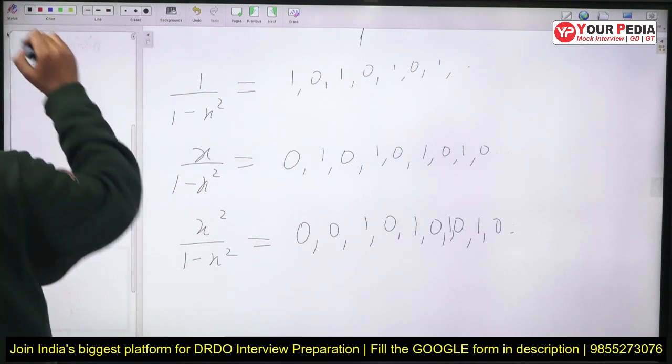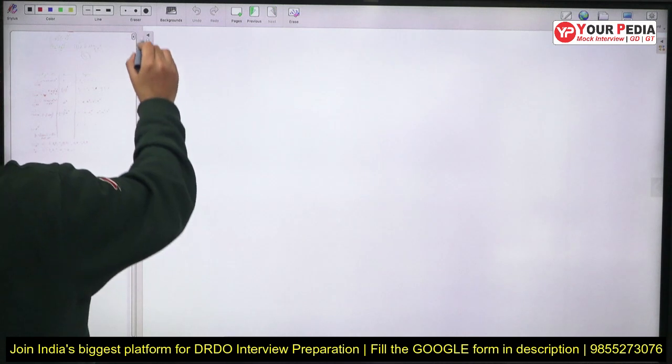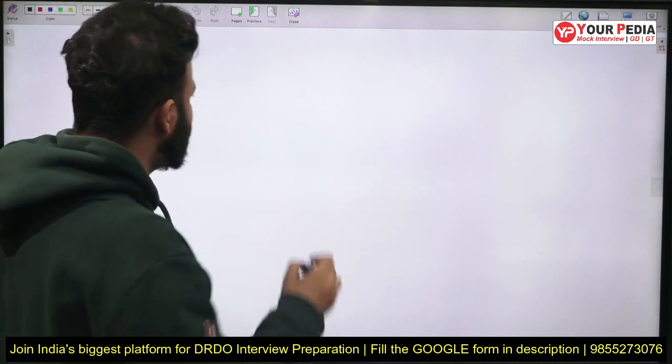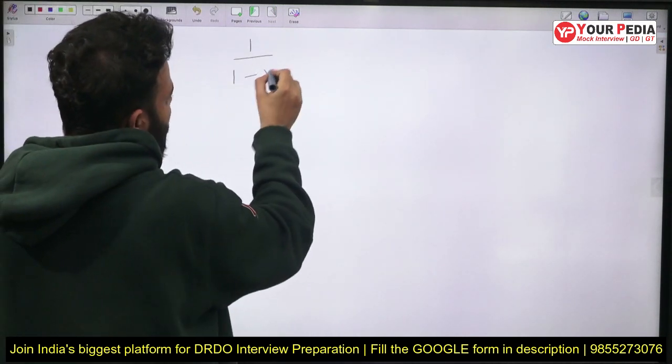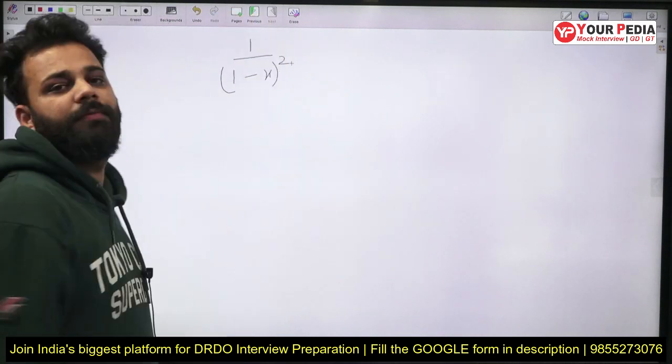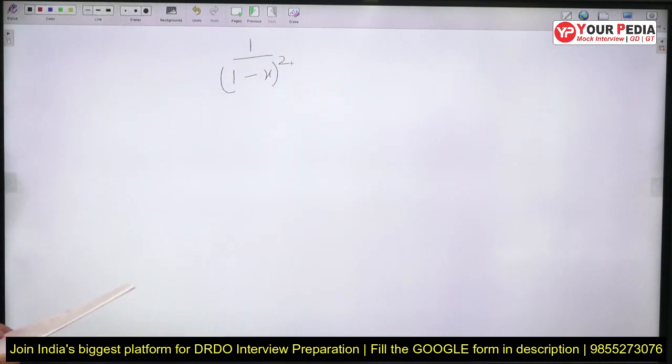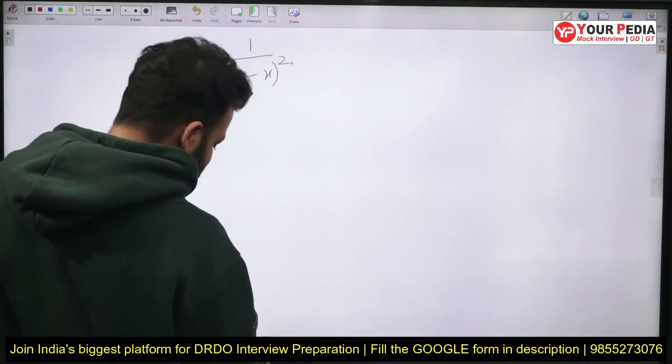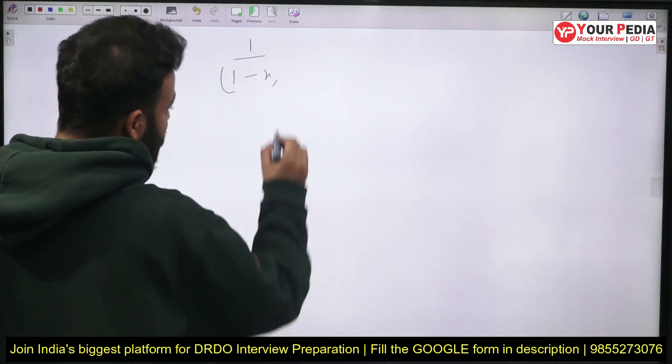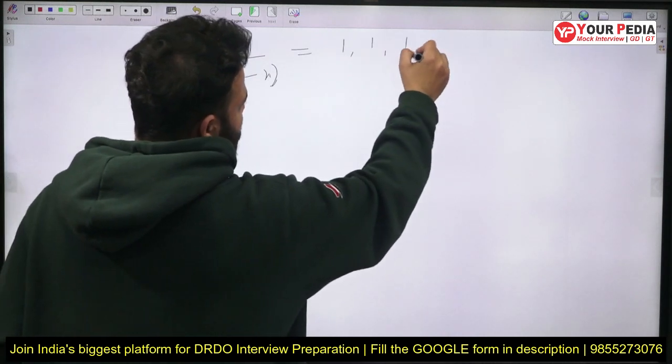Now we will try some different variety of generating functions. So now the next is 1 by 1 minus x whole square. Now in this case, when there is a whole square here, first we will just do 1 by 1 minus x, which will equal 1 1 1 1 1.